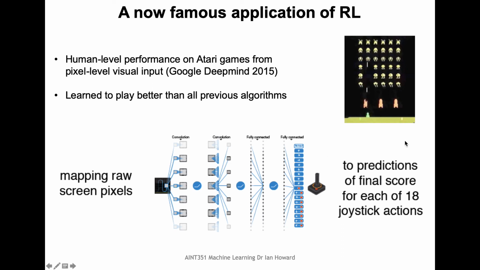And the system is also given a score as well, right? So all it's got to do is look at the image every so many milliseconds. At every step in time, it then tries to work out how to move the joystick. Does it move it up, down, left, right? In fact, one of 18 joystick actions is something it had to learn to do. And all it gets is the picture, and it gets the score that's running.